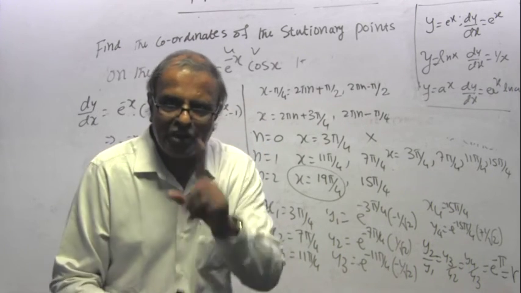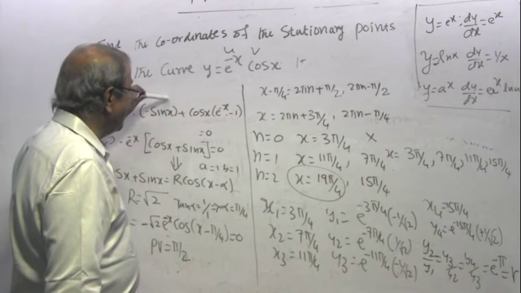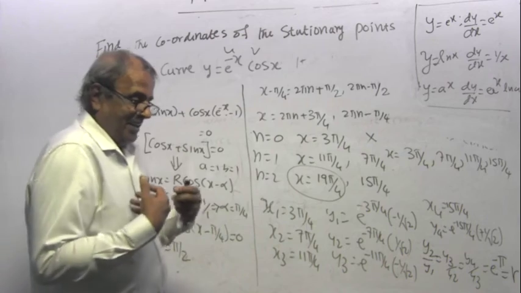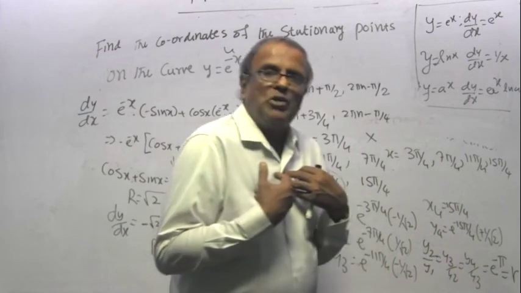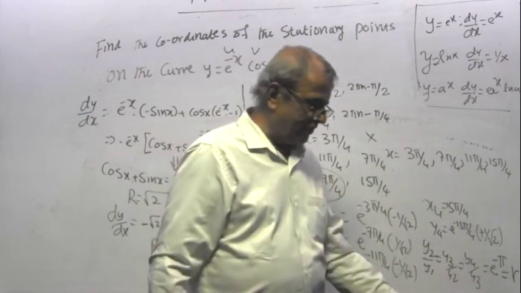How many topics are covered in one question? That's a typical high standard A-level question that can come up. And if I were setting a paper, it would come up, but you're lucky I'm not setting the paper, so you're very safe.